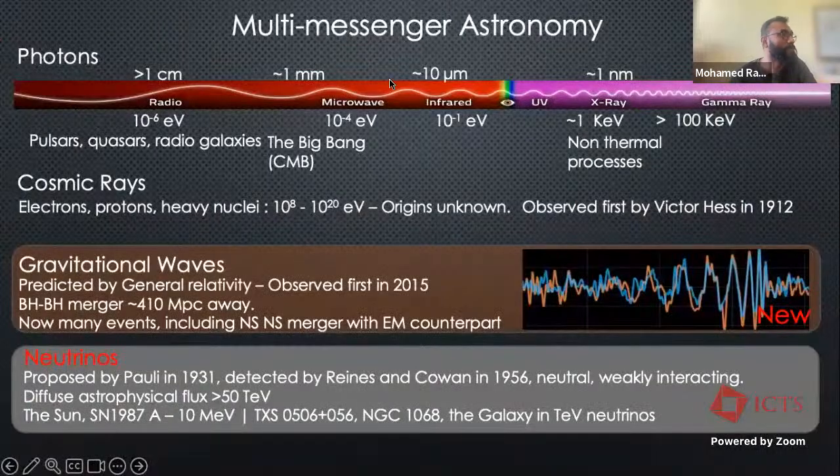In this talk, I'm going to present to you neutrino astronomy within the context of multi-messenger astronomy. Till about 400 years ago, we had to view the sky with just our naked eyes. But around 400 years ago, we learned how to make the telescope.